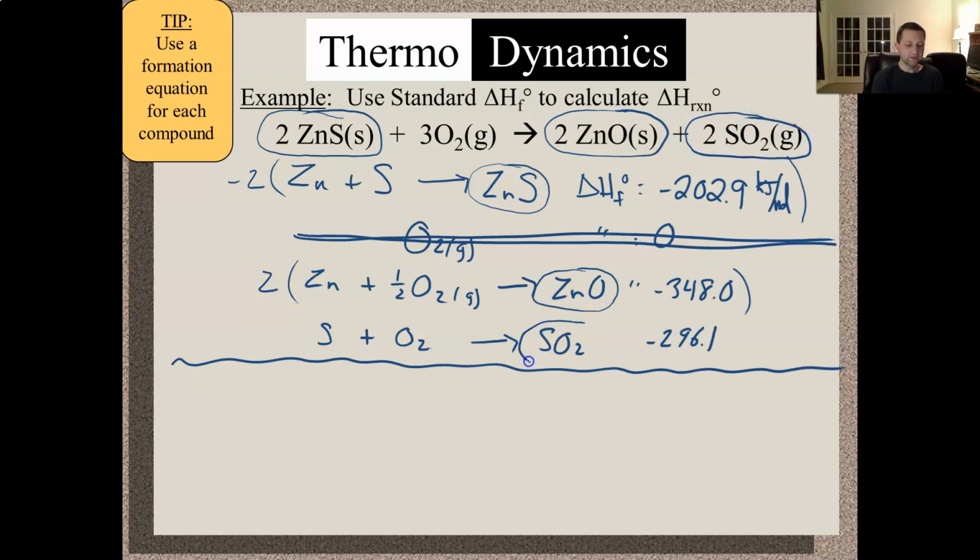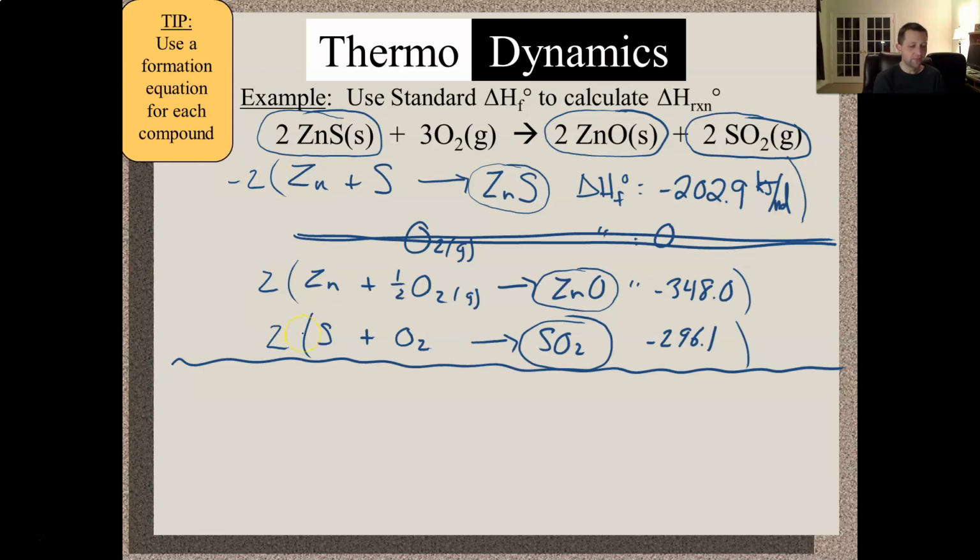It's a product here, so it's already on the right side. But again, I need 2 moles of it. My formation equation only gives me 1, so I'm going to multiply this formation equation by 2. I'm going to clean this up a little bit and rewrite these underneath. You guys can do the same thing. Let's then find our heat of formation for this reaction and see what cancels out.